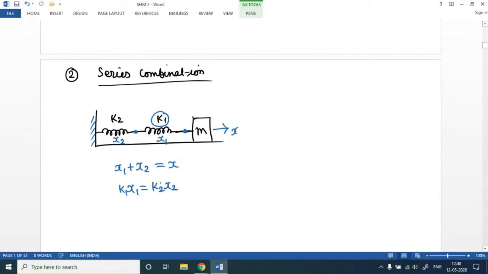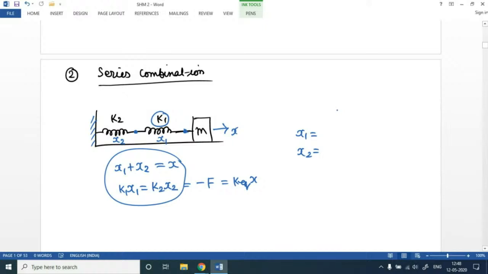That will also be equal to the force on this block over here, so that would be simply minus F, and if you want to equate, that would also be k equivalent into x. So solving these two equations, since we know the sum of x1 and x2 and the ratio of x1 and x2, you can find out x1 and you can find out x2 also.